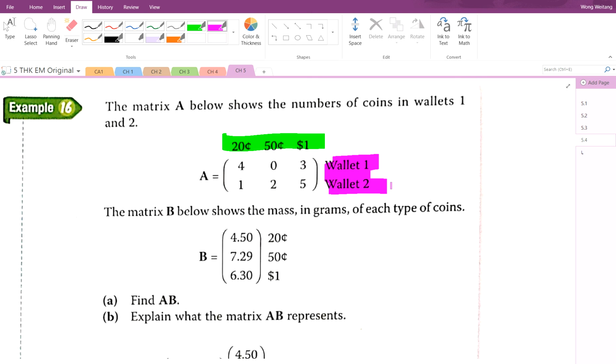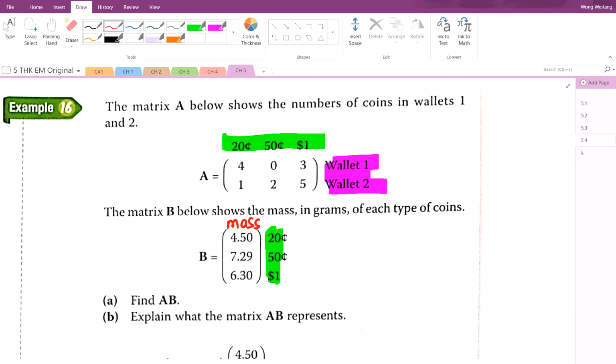What is similar in these two matrices? Type of coin, these are the same. And I would like you to write down, at this side, this will be known as the mass. They didn't write down the information, so please write it down. Mass.